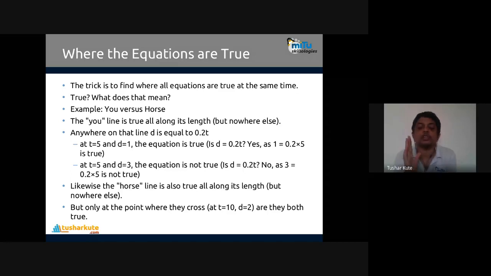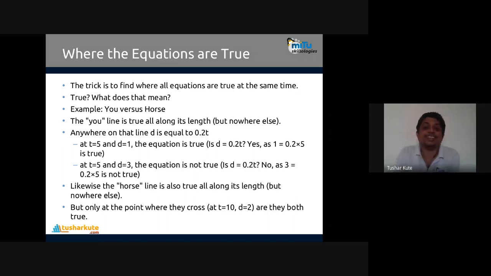Just to mention, this is what we talked about in linear regression, but the same idea is used over here. On its original line only it is true, but above and below it will not be true. Above and below, the cases are not true, remember. But the only point where the horse crosses, say t is equal to 10 and d is equal to 2.